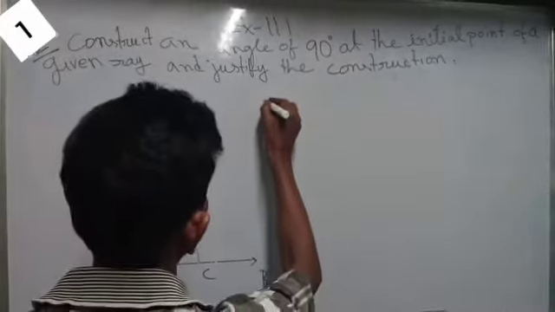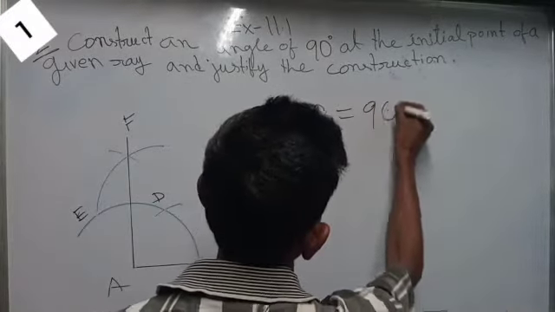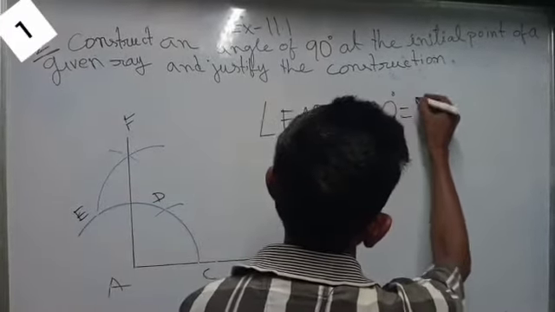This arc intersects the previous arc at F. Now join AF. Now angle FAB equals 90 degrees, a right angle.